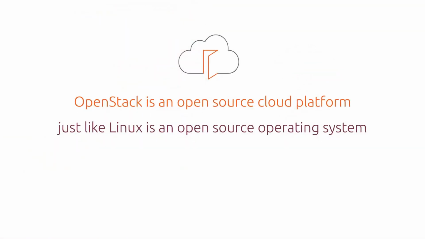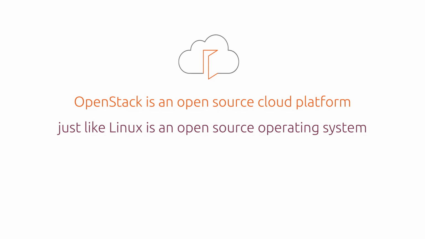First of all, OpenStack is an open source cloud platform, just like Linux is an open source operating system, right? You probably have experience with various operating systems such as Linux, Windows, Mac OS X. Some of them are proprietary, some of them are open source.